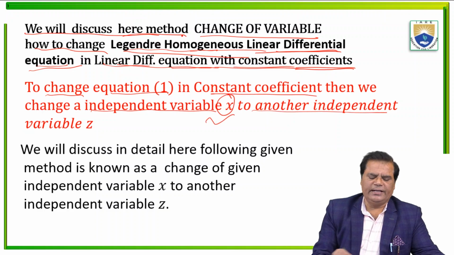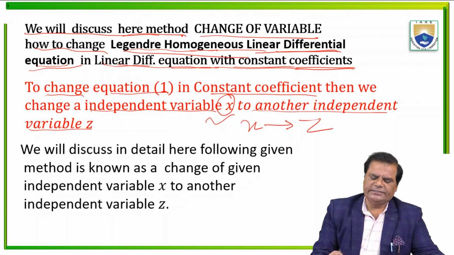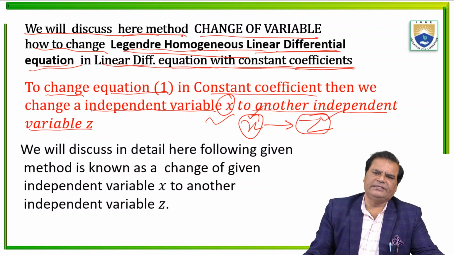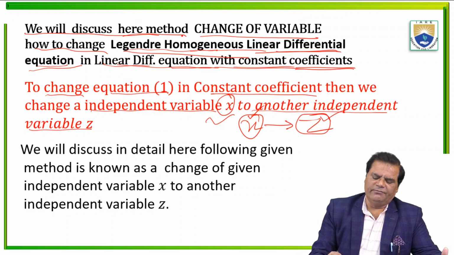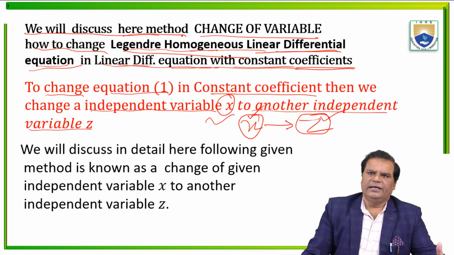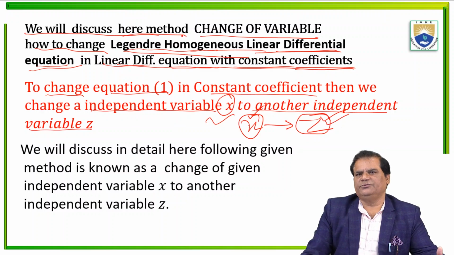to another independent variable z. Means we want to change x to z. X is the independent variable in our question, and we want to change this independent variable into another independent variable z. When we convert x to z, then our Legendre homogeneous linear differential equation changes into a constant coefficient differential equation.